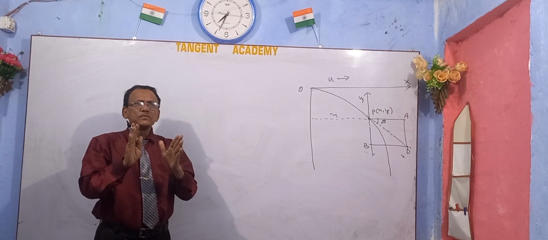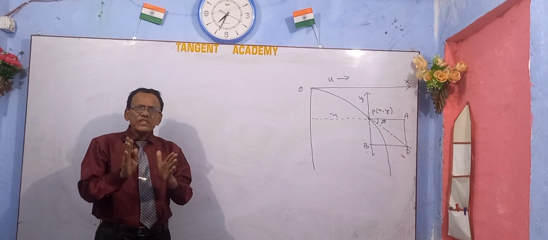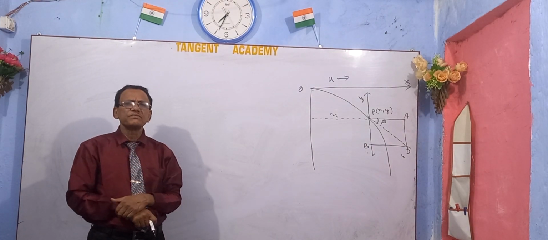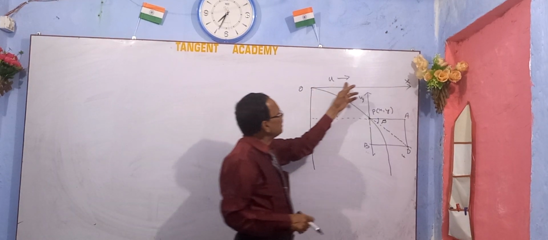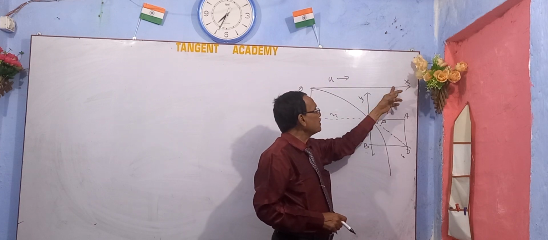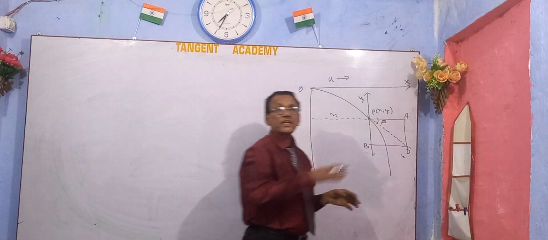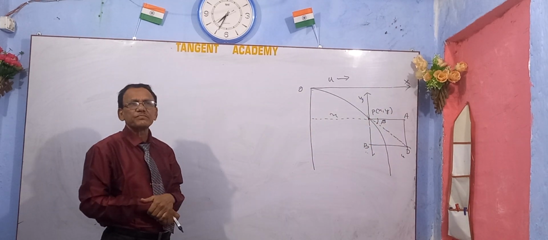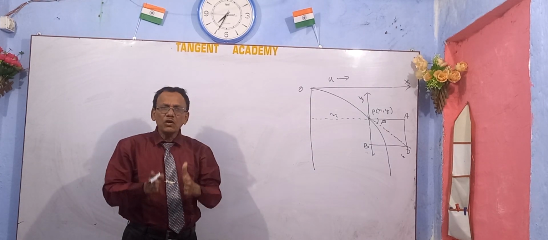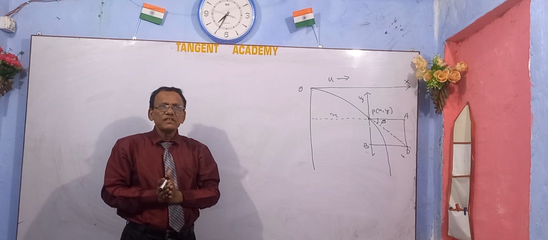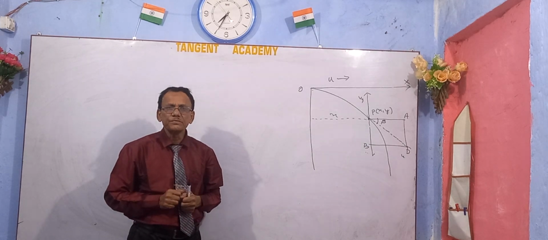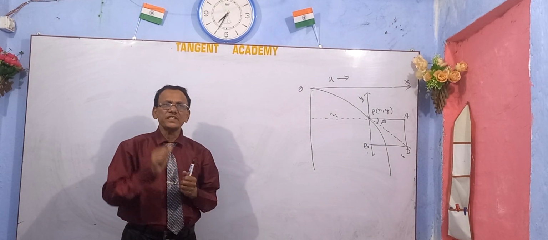Uniform velocity along the horizontal direction would not change, provided there is no air resistance. That is, uniform velocity, that is constant velocity. Therefore, in the horizontal direction there is no acceleration. The velocity, either increasing or decreasing, is changing in the vertical direction due to gravity, small g, gravitational acceleration.